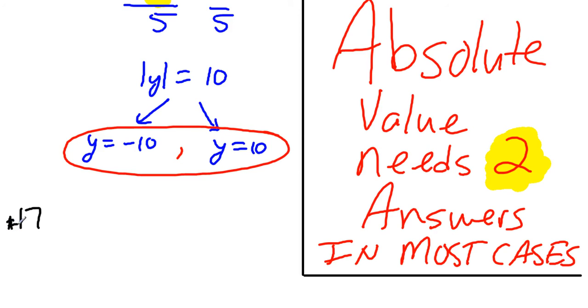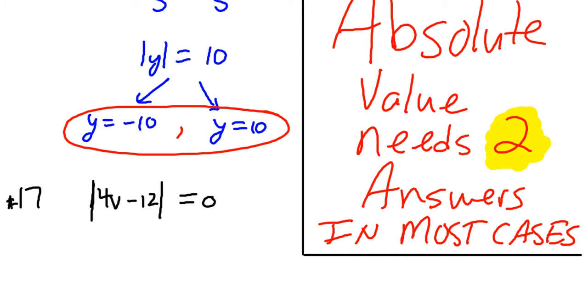All right, 17, still solving. Oh, and look what this one is. It's the absolute value of 4v minus 12 equals 0. All right, in this case, the absolute value is by itself. So this is where they would tell you to split it up into 2 parts where you've got the negative and the positive.